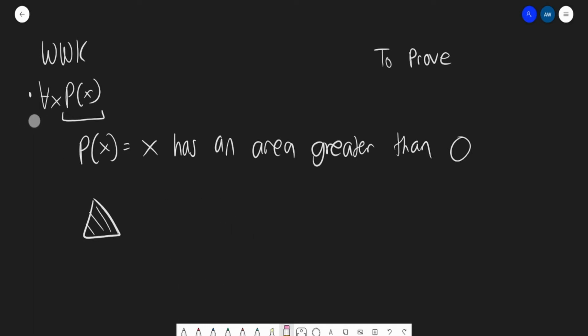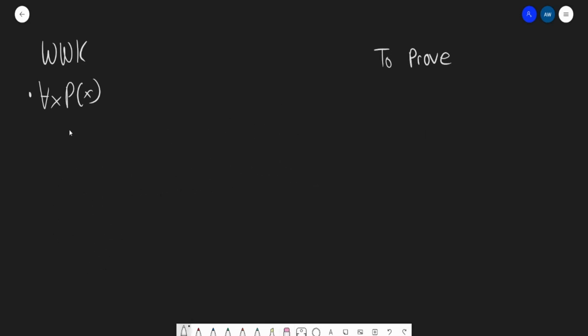So you shouldn't really worry about the universe of discourse. It's usually very obvious. So if we're talking about shapes, then we can replace x with any shape and make it be true. For example, p of a square is true, but p of 3 is not true because the number 3 can't have an area basically. So it's difficult to screw up, okay?